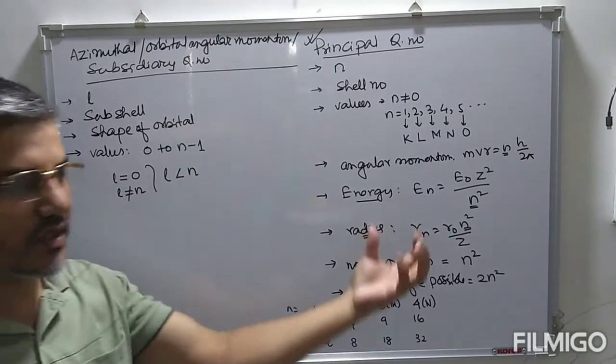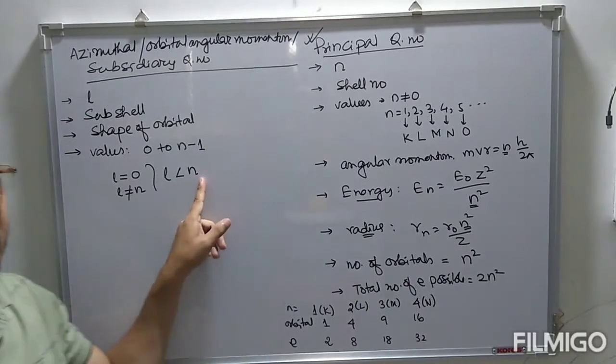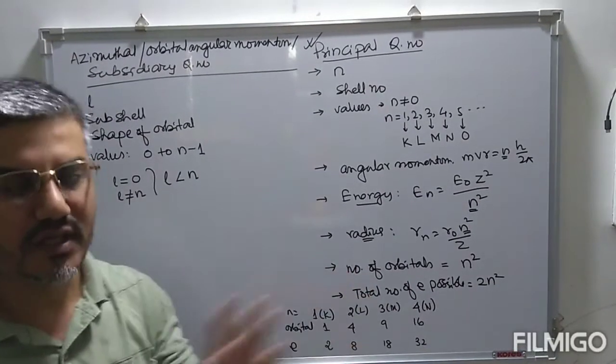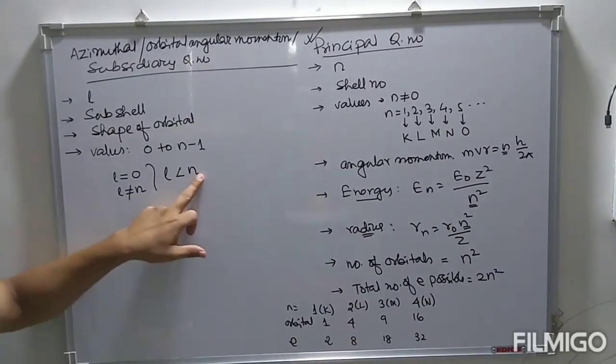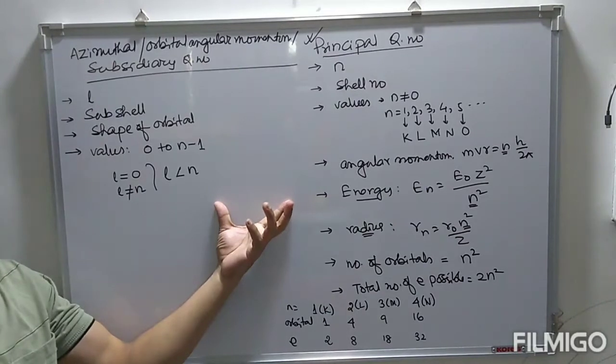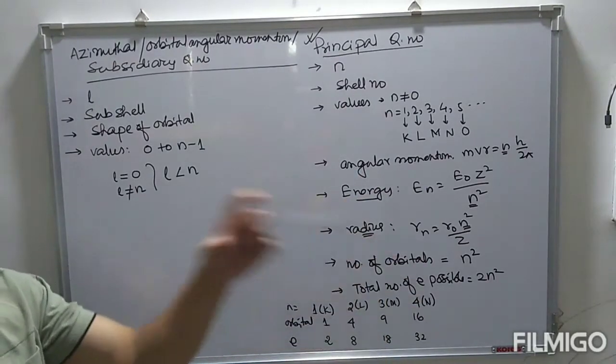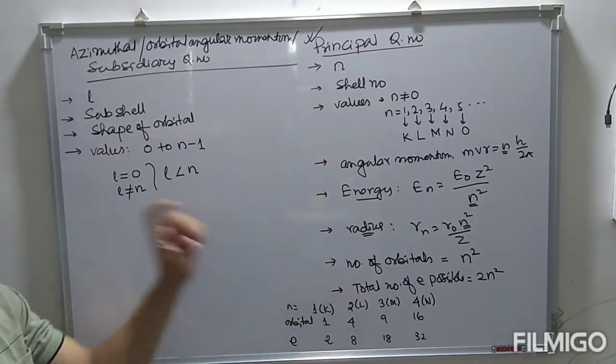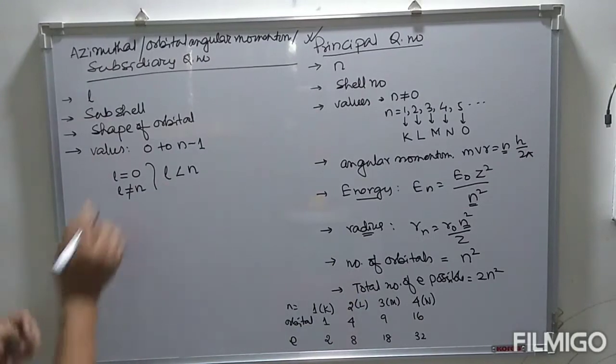So any orbital in which the value of l and n is equal is not possible. And l cannot be negative. l is only a positive value, including 0.